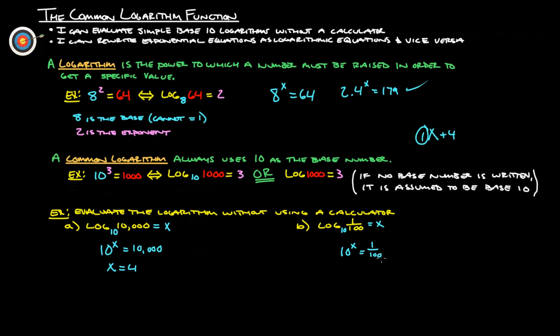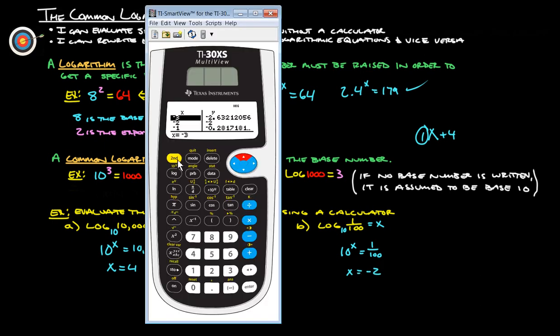Okay, so now since we've got 2 zeros, but they're on the bottom, that means those are negative. So that means that x has to equal -2. And just to prove that to you there, 10 to the -2nd power gives us 1 over 100.